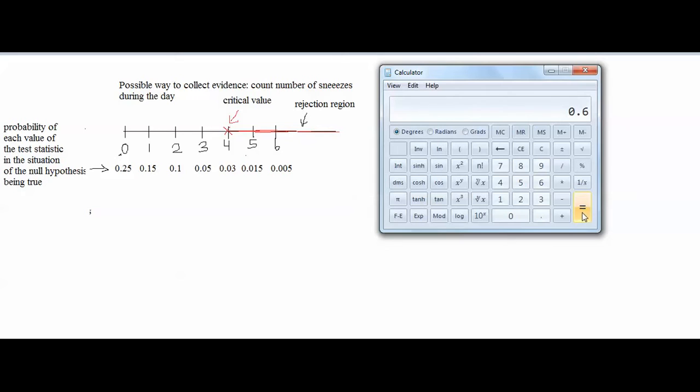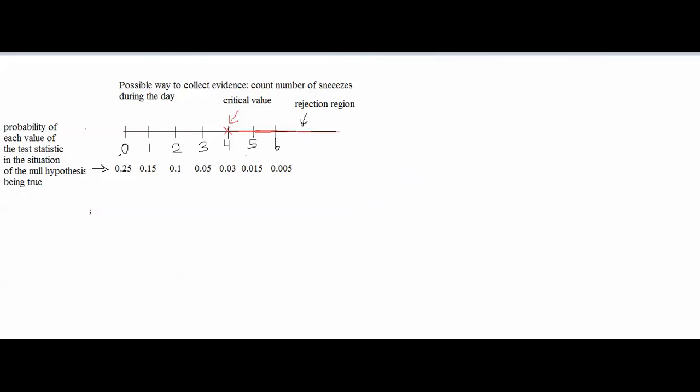So it looks like those do add up to 0.6. I wanted them to add up to 1.0. Now let's add all of the probabilities starting at 1 and going above.